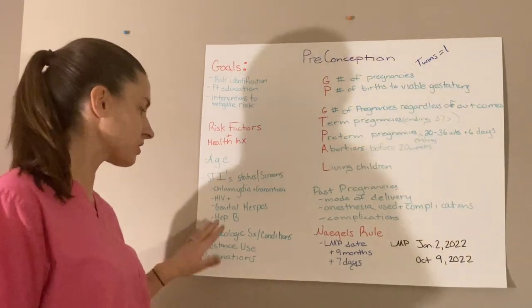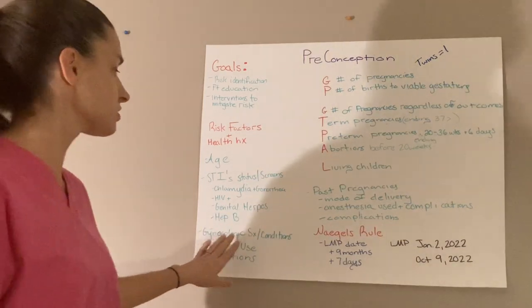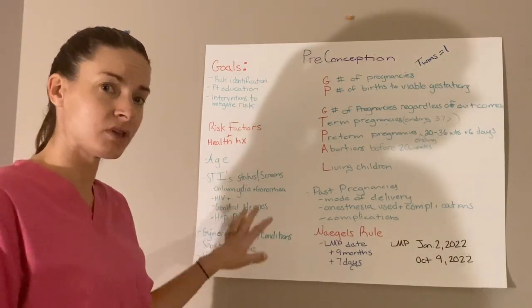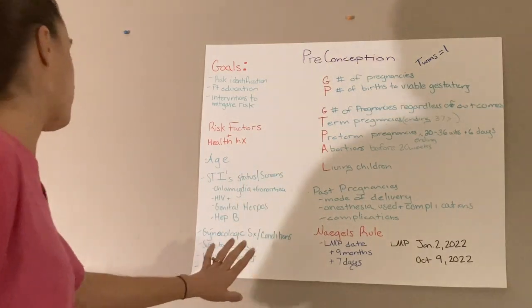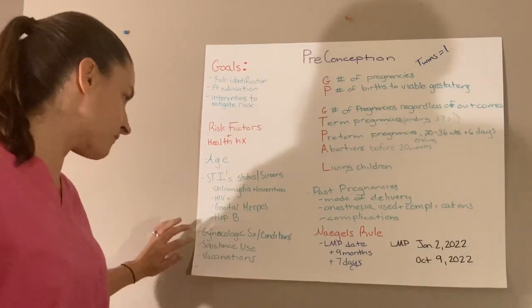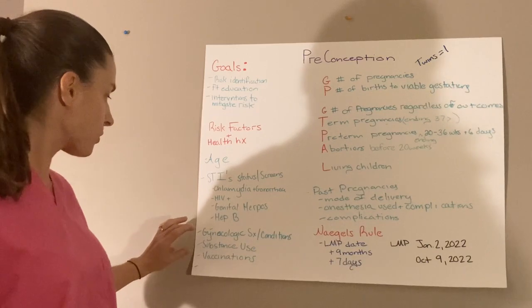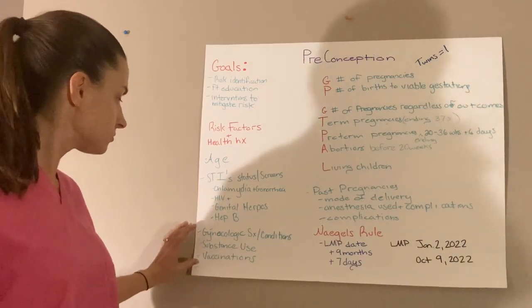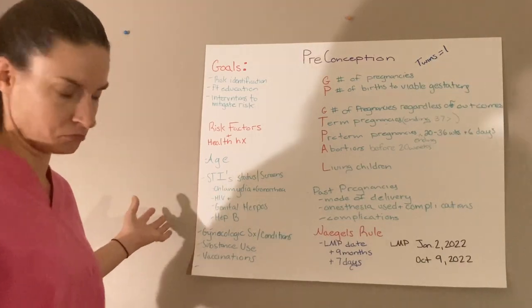Then you have your gynecologic history. Do they have any gynecologic surgeries in their history? Do they have any kind of gynecologic conditions? Also screen for substance use. Vaccinations: we need to know their vaccination history for certain diseases such as rubella.